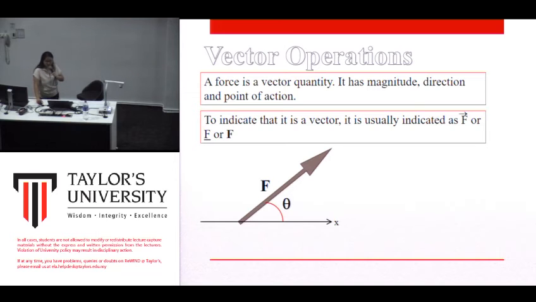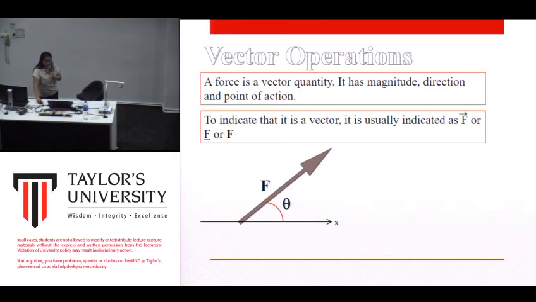Meaning to say, force has magnitude, which refers to how strong the force is. Let's say 10 kilonewton. 10 is the magnitude. Direction is the direction in which it acts. So always remember to indicate the direction by using the angle, and the angle always starts from the positive axis.